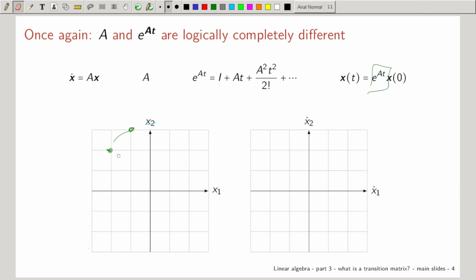So let's pretend, let's do it this way. Let's pretend that this is x of 10 and this is x of 11. What does this one have to look like? Draw a matrix that is compatible with this trajectory. Go.